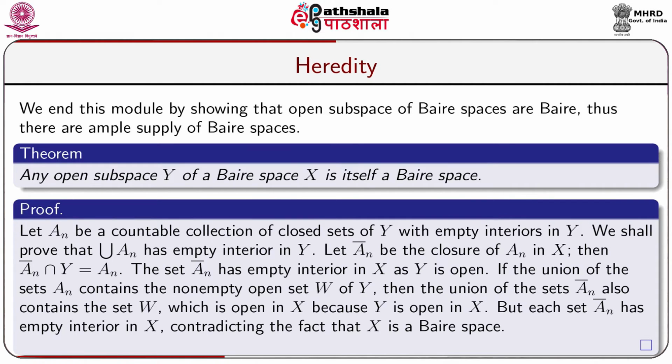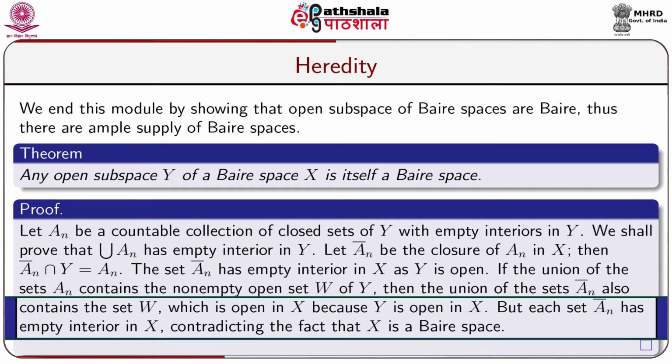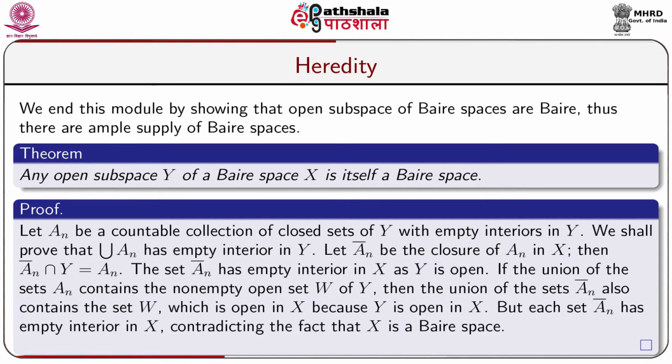If the union of the sets An contains the non-empty open set W of Y, then the union of the sets closure of An also contains the set W, which is open in X because Y is open in X. But each set closure of An has non-empty interior in X. This contradicts the fact that X is a Baire space.